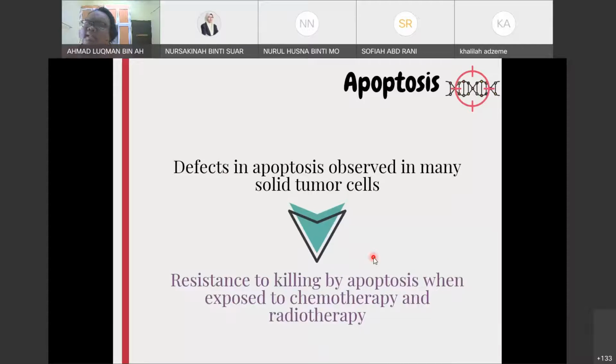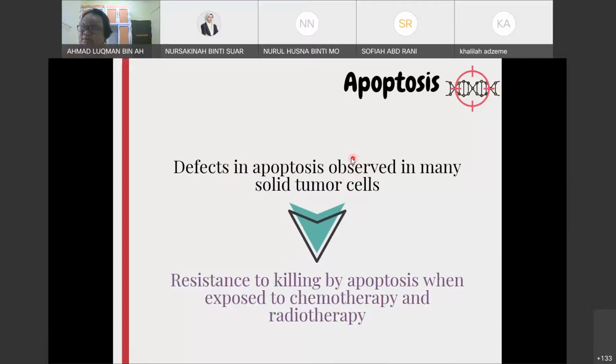Defects in apoptosis are observed in many solid tumor cells. When we say defects, the cells normally undergo cell death, but here apoptosis is defective.